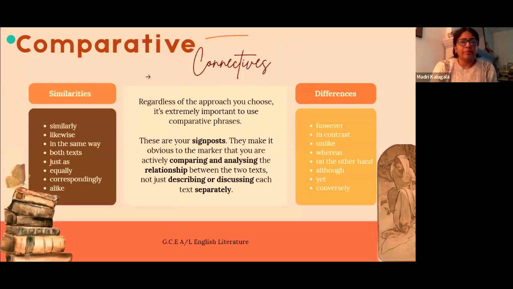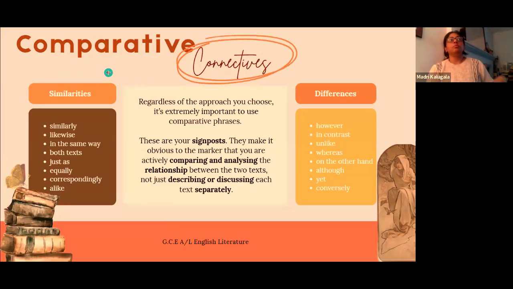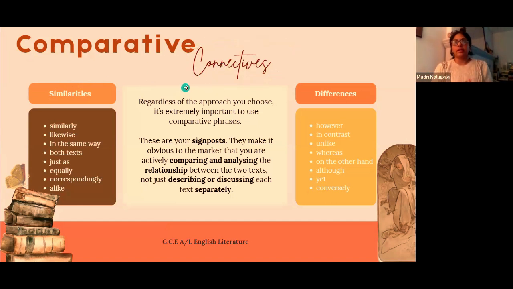Then, whether you do the block approach or the integrated approach, something you really have to bear in mind is the idea of connectives, connecting words or phrases. Regardless of the approach you choose, it is very important to use comparative phrases.